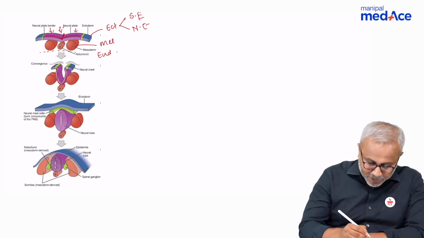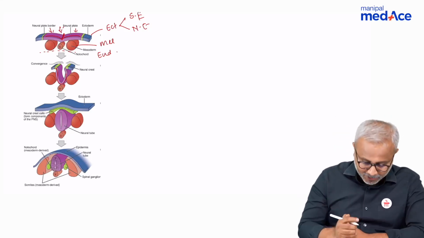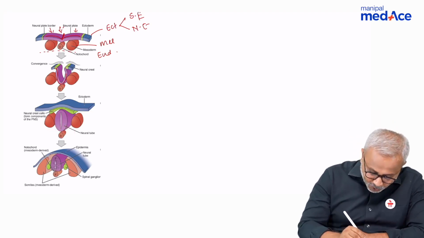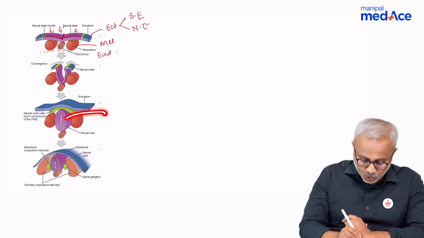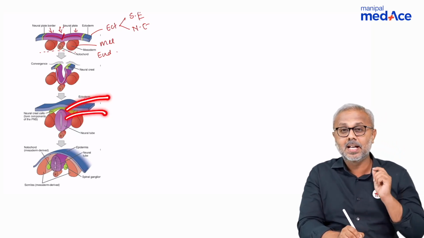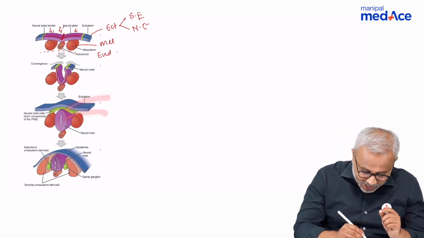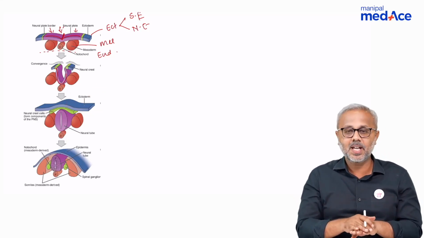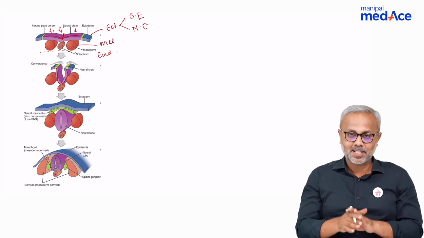What happens in further development is the cells fuse, giving rise to the formation of a rounded neural tube. Then the folds of the neural tube will close, forming a separate set of neural crest cells. Then the surface ectoderm will close the defect. So this is how the process of neurulation is complete.